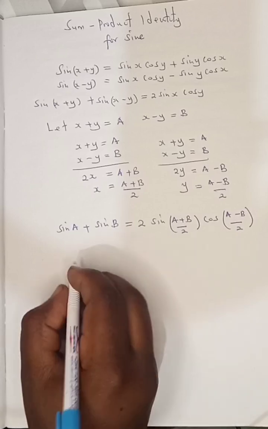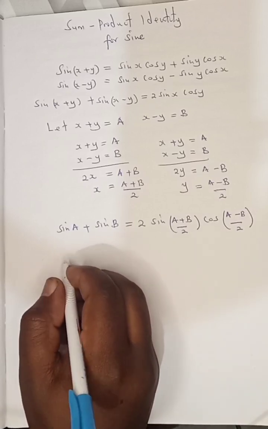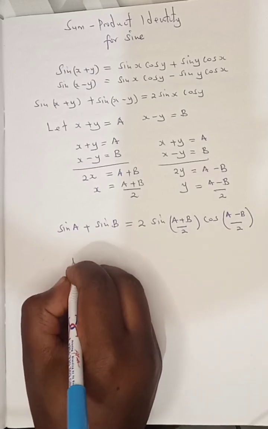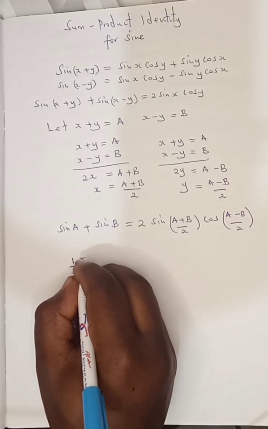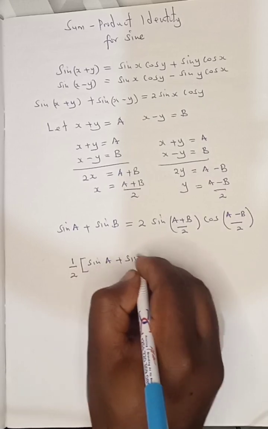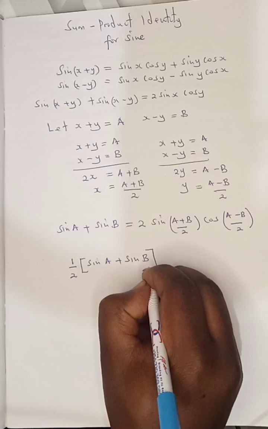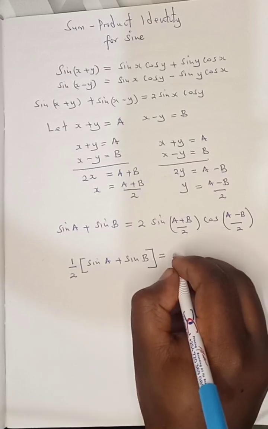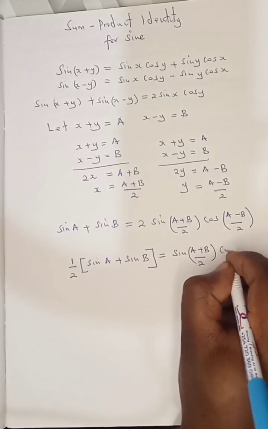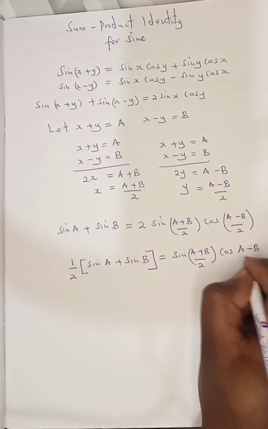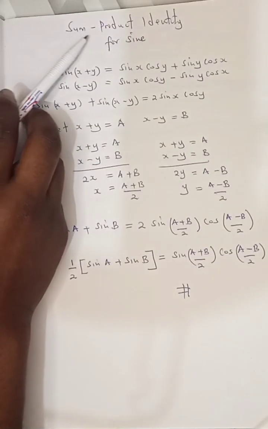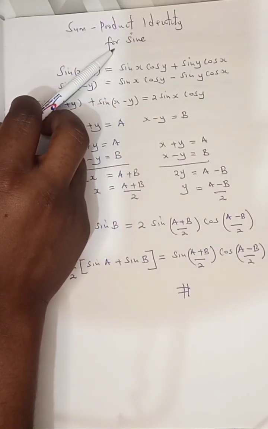But if you like to simplify your work further, you can divide both sides by 2, so that you have a half into the sine of A plus sine of B. Then we close this bracket so that we have sine of A plus B divided by 2, then cosine of A minus B divided by 2. Then we are done. That is the sum product identity for sine proven here.